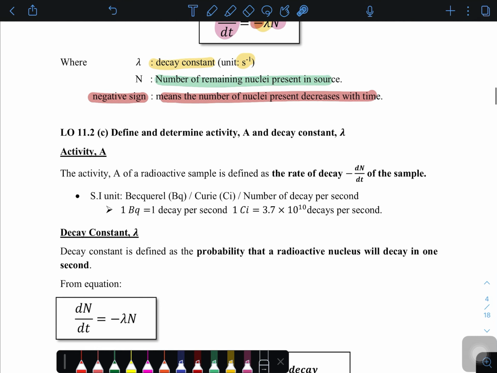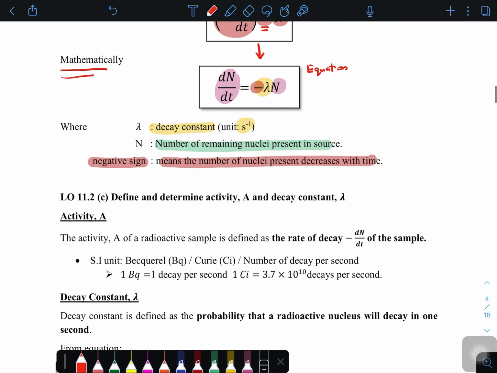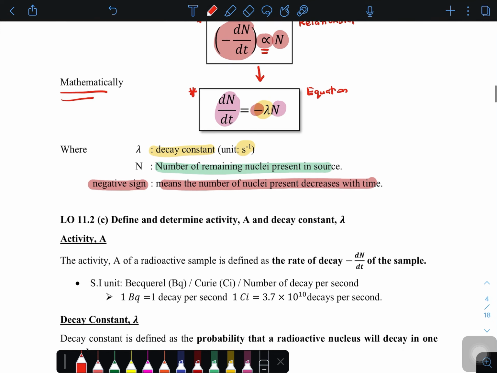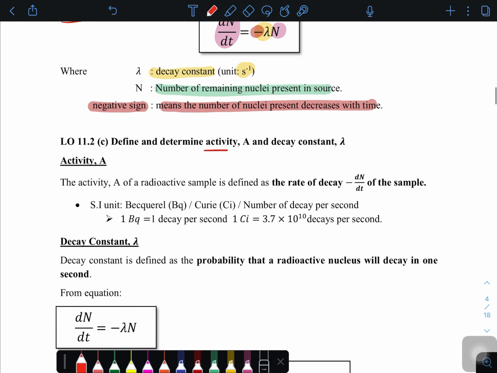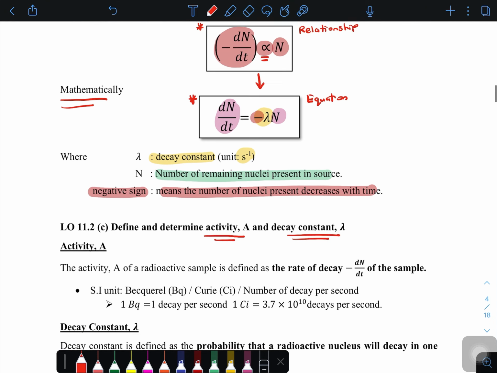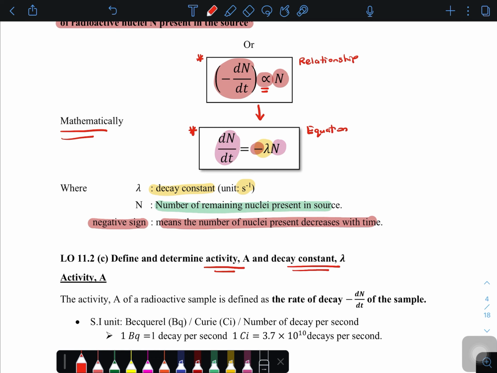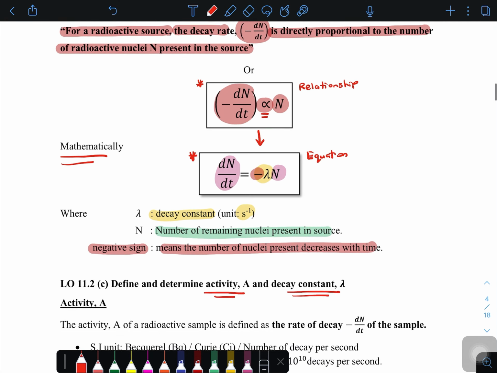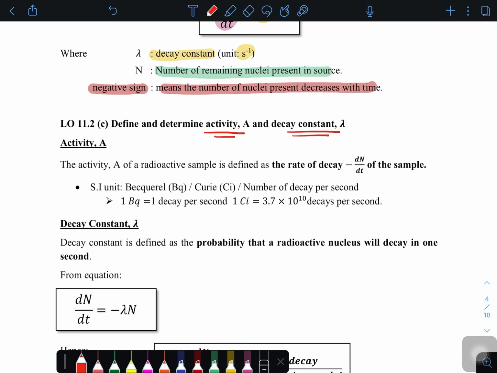Okay, next we need to know, and this one is important, the definition of radioactive decay: define and determine activity and decay constant. We just learned that dN over dt is directly proportional to N, which is the law of radioactive decay. Now we go to activity.